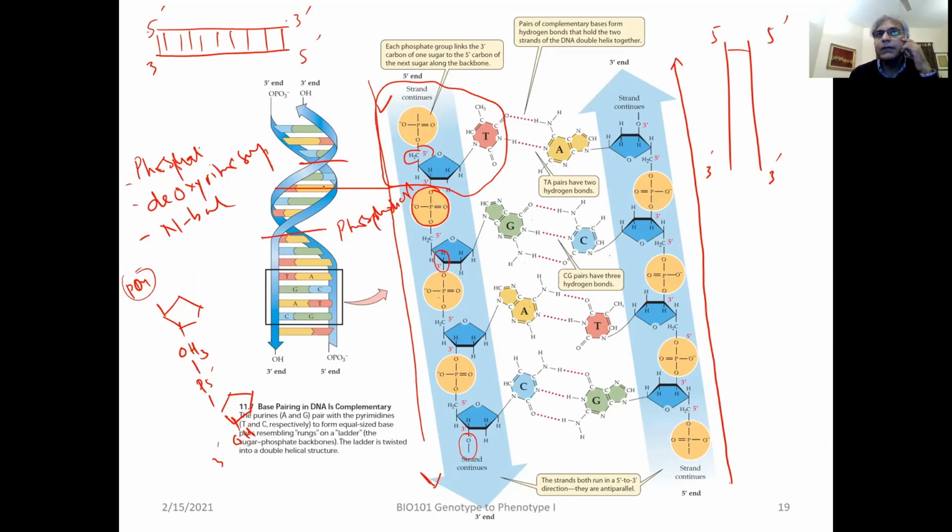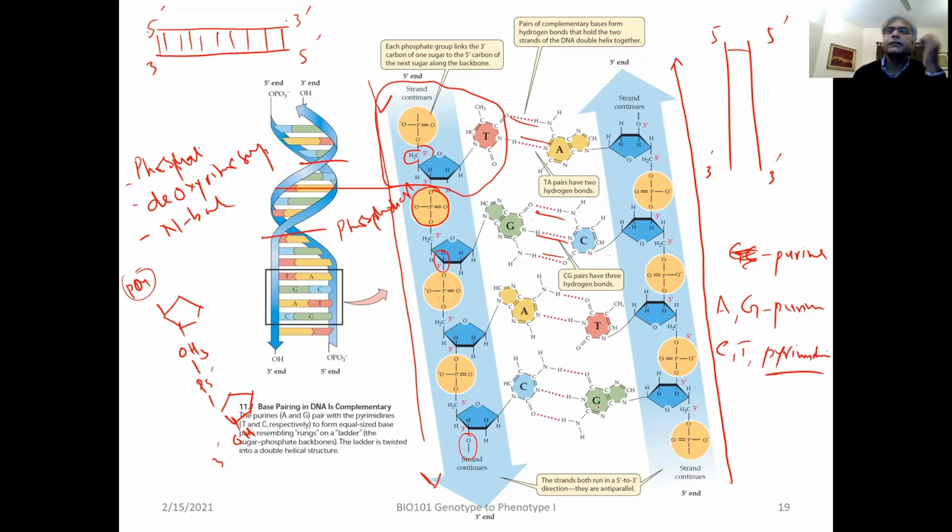There are 2 hydrogen bonds in adenine and thymine, and 3 hydrogen bonds in guanine and cytosine. Adenine and guanine are called purines, and cytosine and thymine are called pyrimidines.